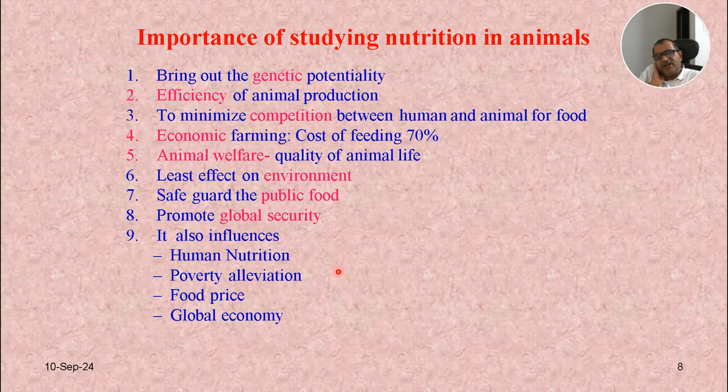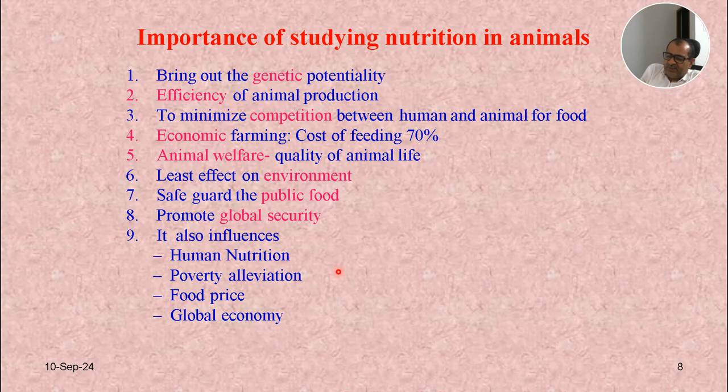Whereas the food price can also be maintained by adding animal food origin to the food basket at lower cost. So a person who goes to the market will purchase vegetables, cereals, millets, fat, and oil, and apart from this, he also purchases milk, ice cream, cheese, butter, etc., which are all derived from animals.